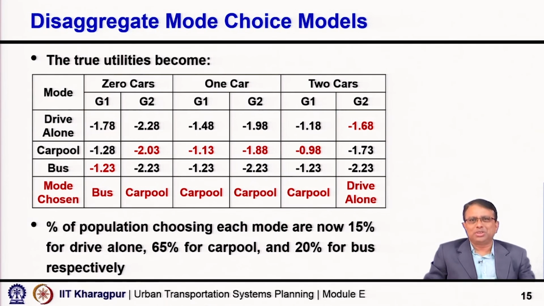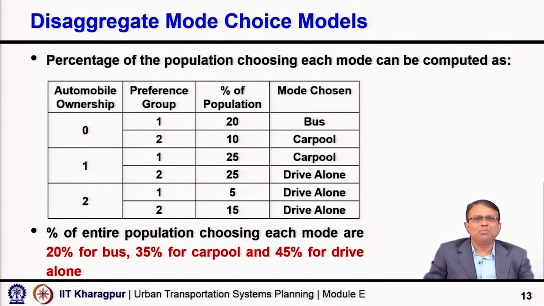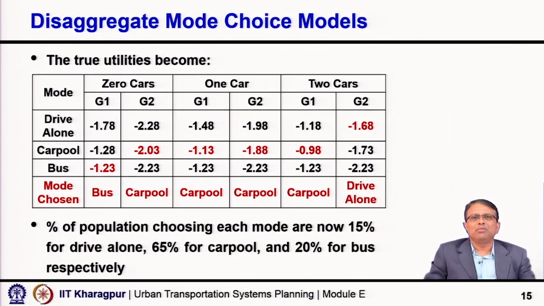The percentage of people using drive alone has dropped from 45 earlier, and now it has become 15. Why has this happened? Because I have increased the parking charges; I have imposed parking charges of 30 rupees.